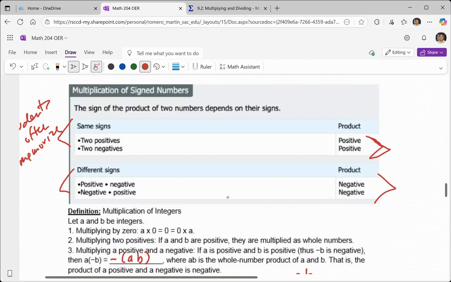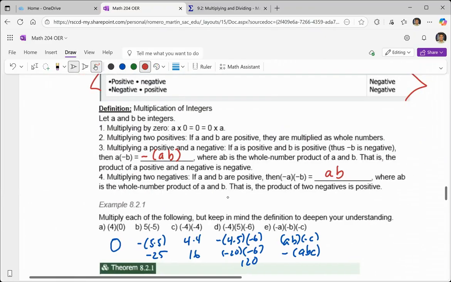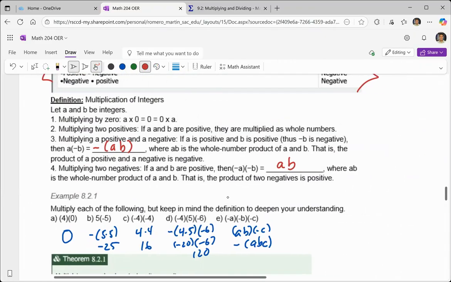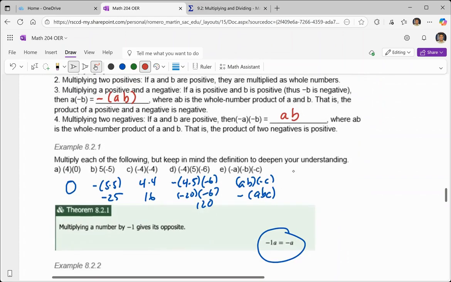Anytime 0 times a number is 0. With a positive times a negative, just multiply the two numbers and keep the negative, because when they're opposite, the answer is negative. When two numbers are both negative or both positive, the answer is just A times B.